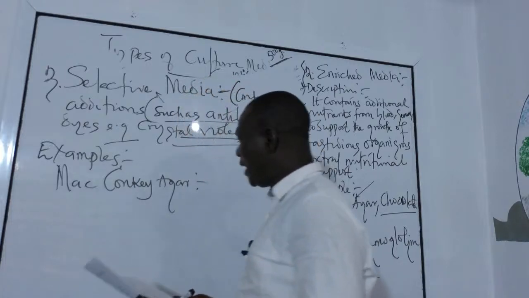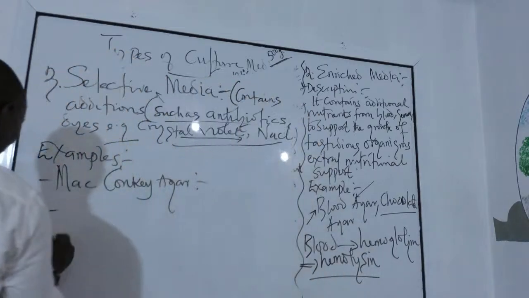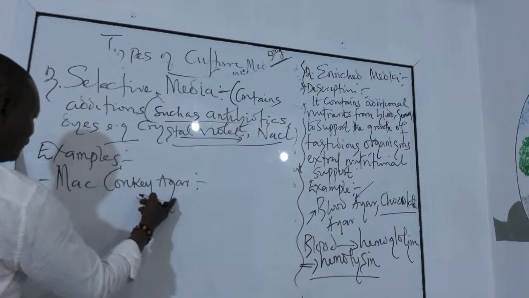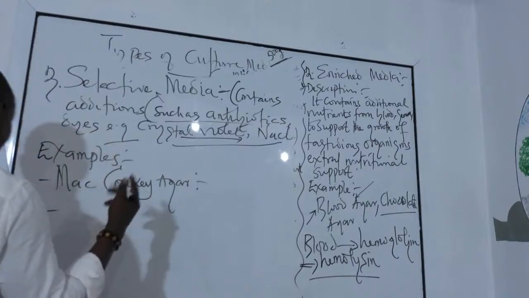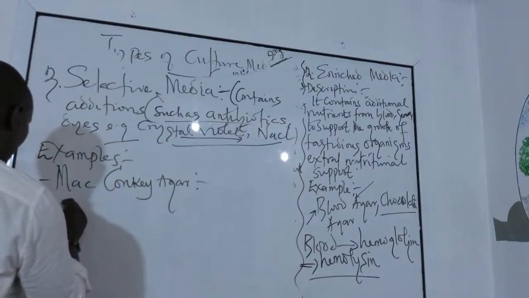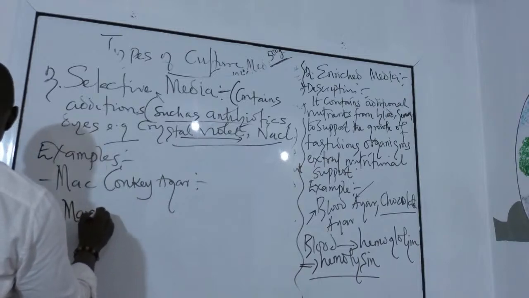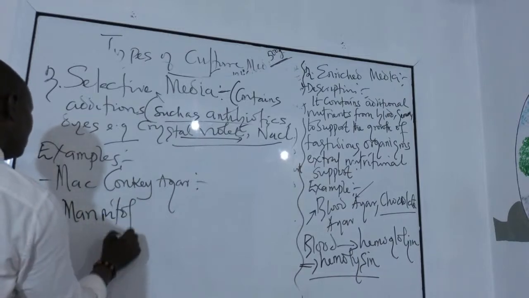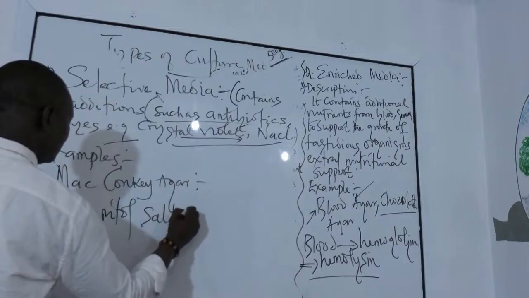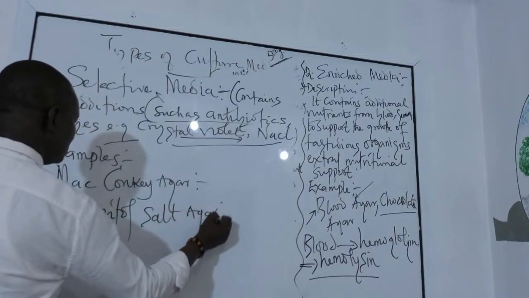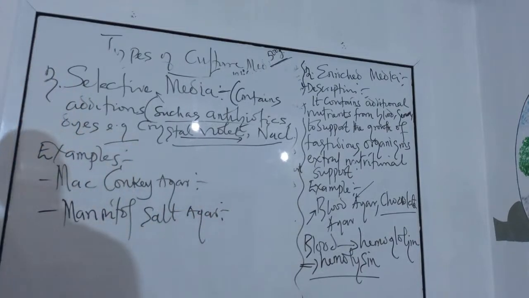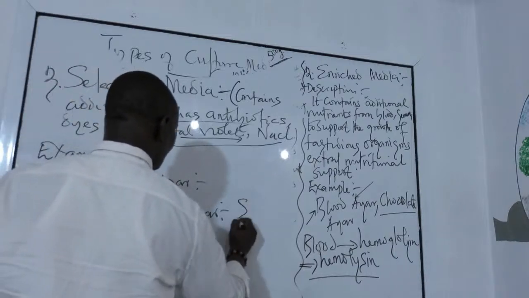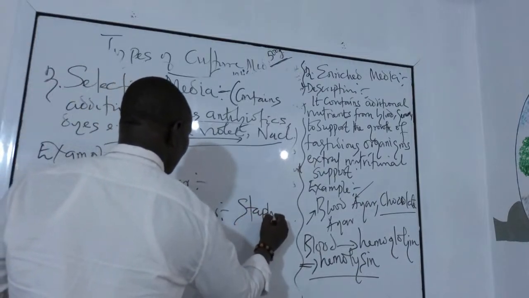Another one, I don't have McConkey here, but another one that you will know is mannitol salt agar. This one is specifically used to grow staphylococcus.